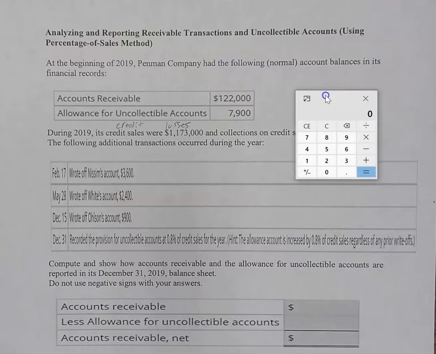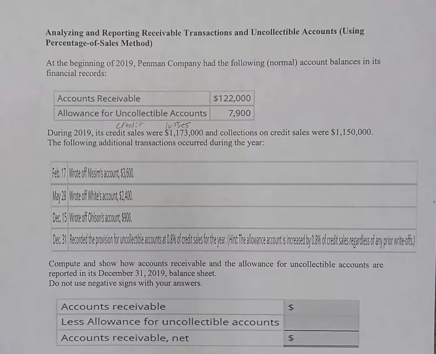Okay, so I'm going to move this calculator out of the way for just a moment. It says that during the year, the company had credit sales of $1,173,000 and collections on credit sales overall were $1,150,000. They also have some additional information that over the course of the year, they wrote off 3 different accounts.